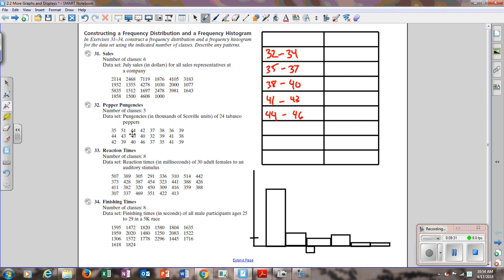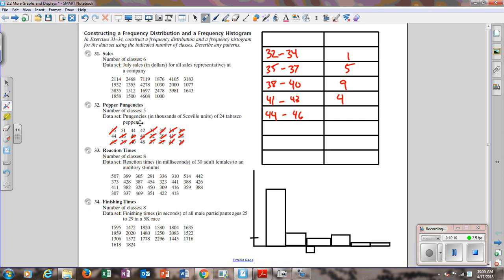Okay, from 32 to 34, there's 1. 35 to 37, 1, 2, 3, 4, 5. 38 to 40, 1, 2, 3, 4, 5, 6, 7, 8, 9. 41 to 43. 1, 2, 3, 4.